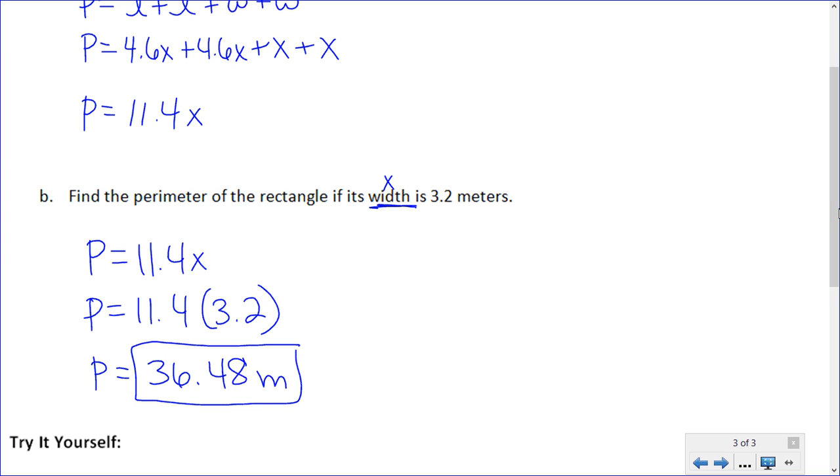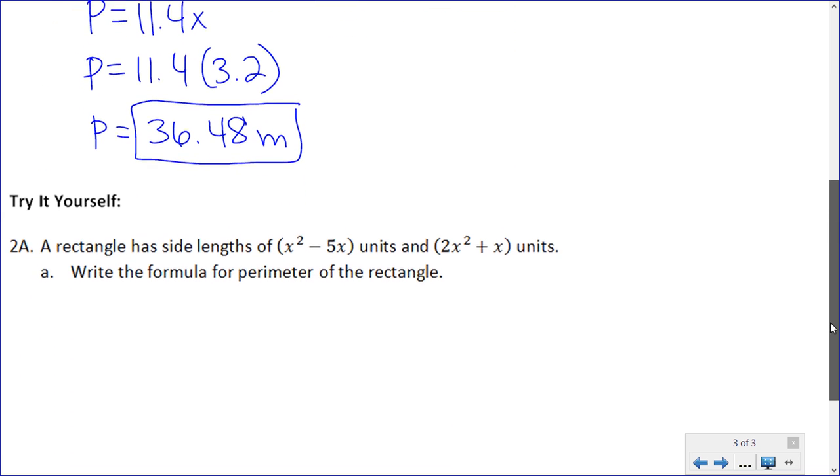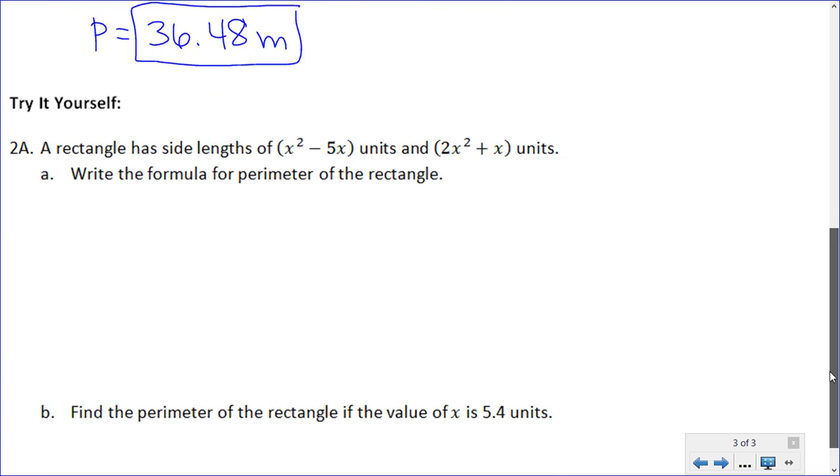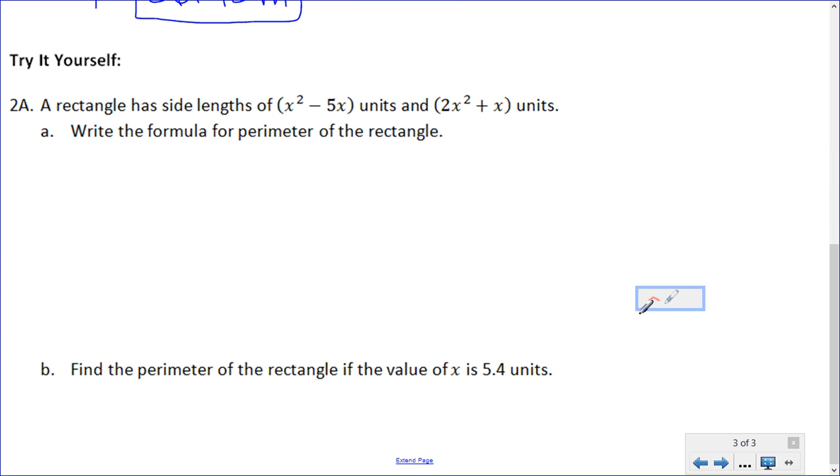Okay, so there's some try it yourself problems that are very similar. So go ahead and pause the video, work through those 2 problems, and when you're ready to check your answers, press play. Okay, the simplified formula for the perimeter of this rectangle should have been P equals 6x squared minus 8x.